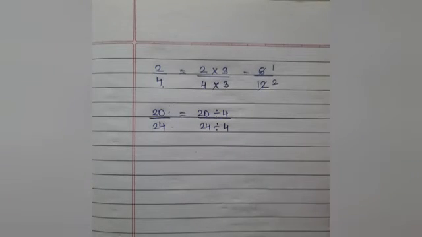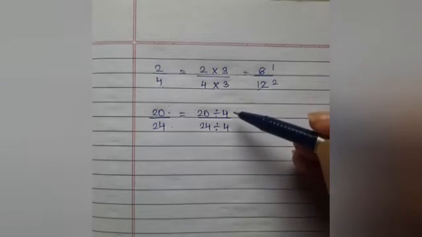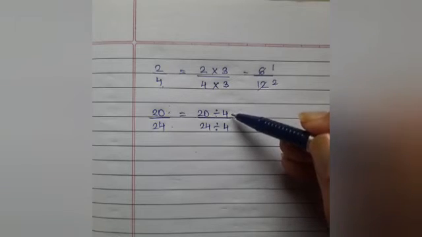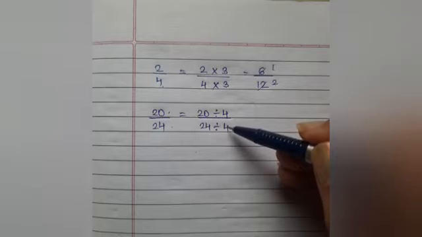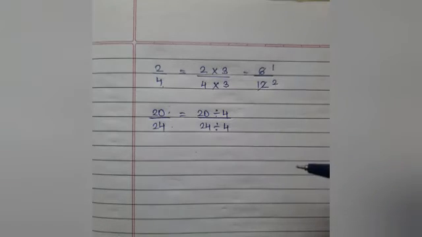The rule tells us that if you multiply or divide the numerator with a particular number, then the same number should be used for the denominator.